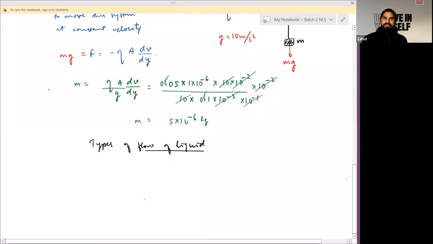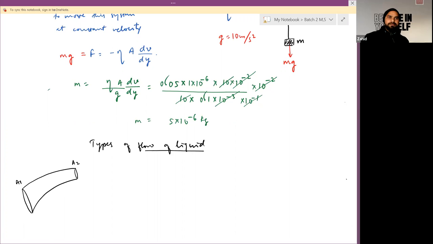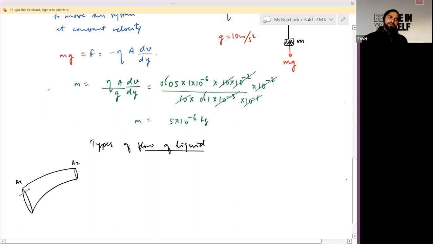We mainly have 3 different types of flow. First, suppose there is a tube having varying cross section. Area of cross section at this point is A1, and area of cross section at this point is A2. Each layer of liquid moves with the same velocity V1 at cross section area A1, and similarly at this point, each layer is moving with the same velocity V2.